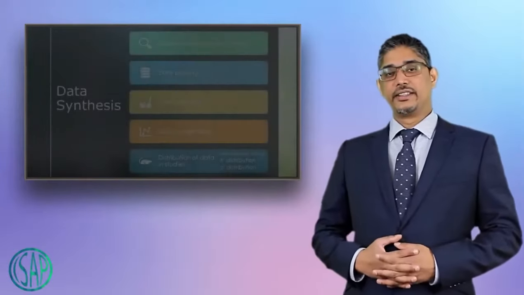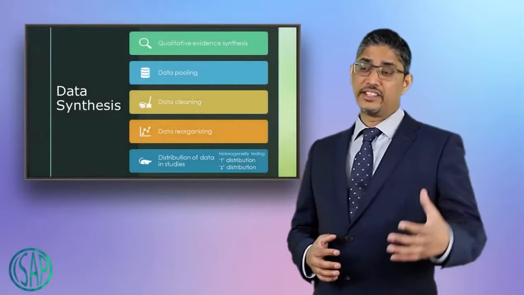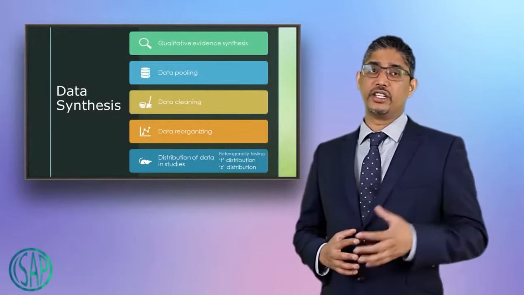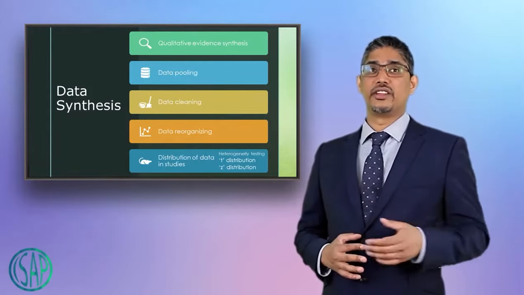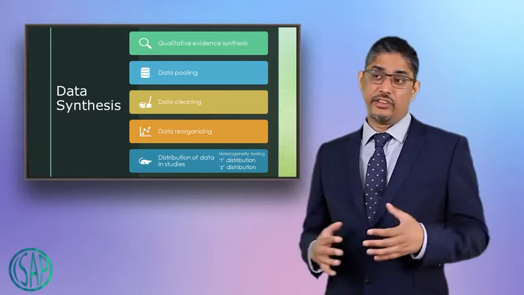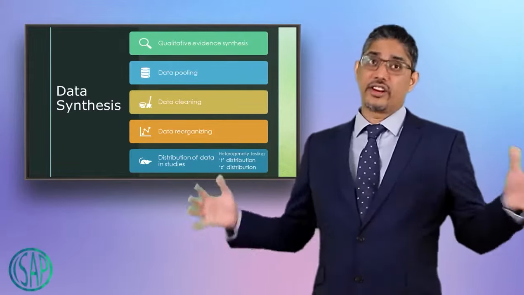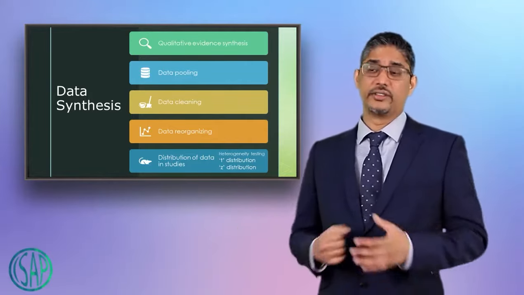Data synthesis has got some steps. Number one is, like systematic review, you do qualitative evidence synthesis in the first place and then start extracting the data and put the data onto Excel sheets, and then start cleaning, which is called data cleaning, and then reorganize according to the statistical models, which is data reorganizing.